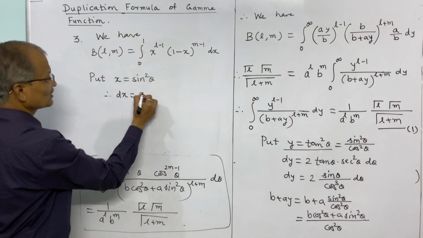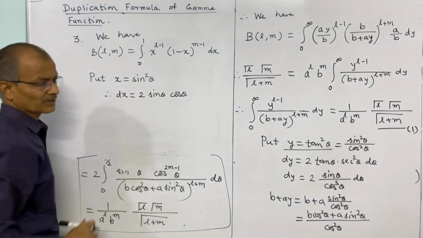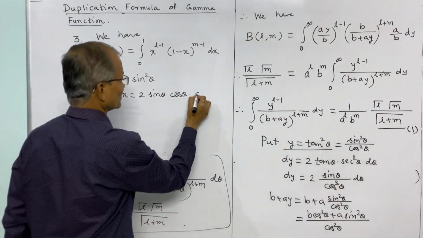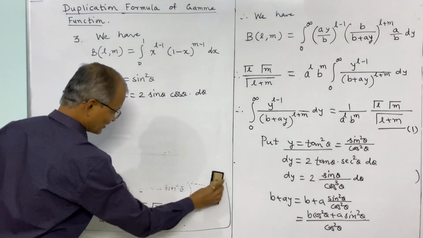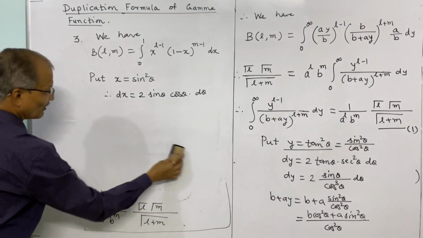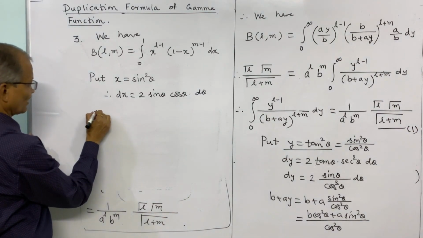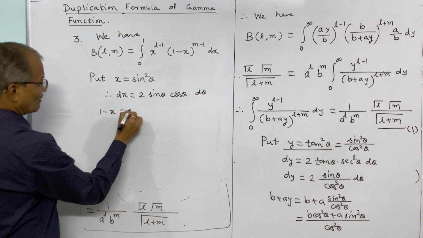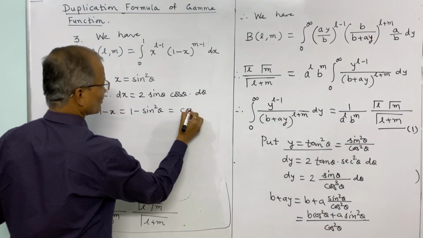Dx is 2 sine theta into cos theta, the derivative of sine square theta, into d theta. This is dx. And 1 minus x will be 1 minus sine square theta, and this is equal to cos square theta.